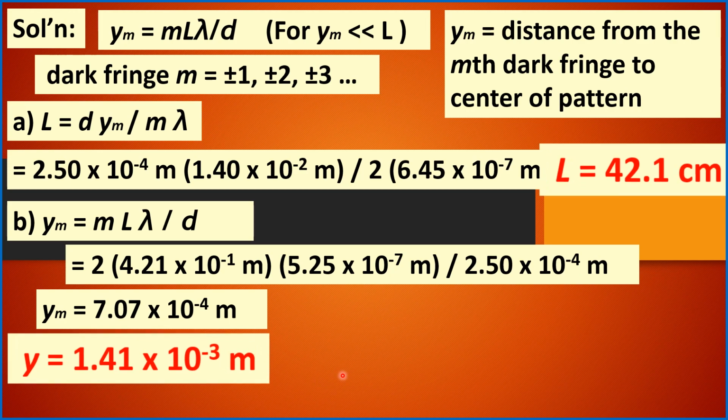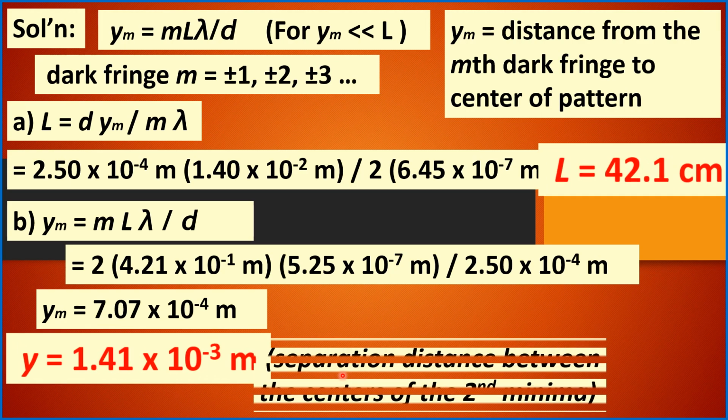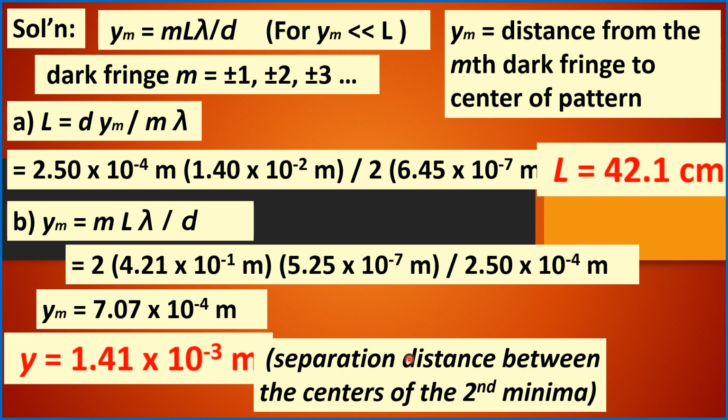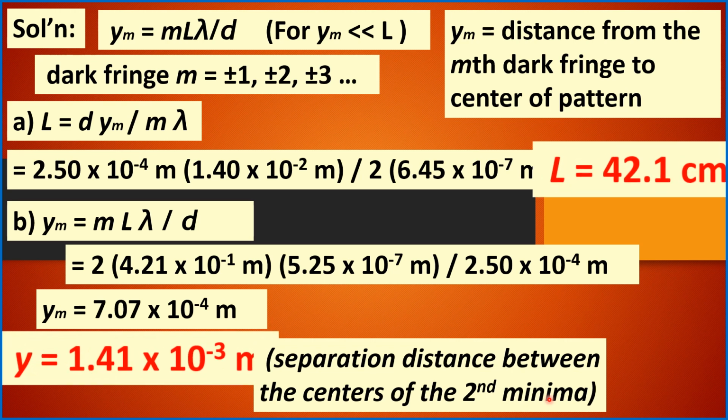That is the answer to our question, because the problem is referring to the separation distance between the centers of the second minima, from m equals positive 2 to m equals negative 2.